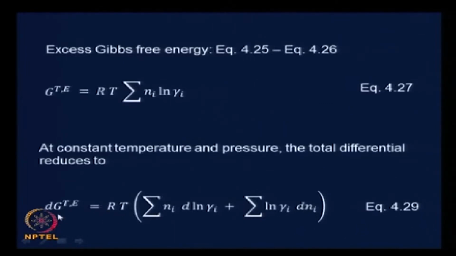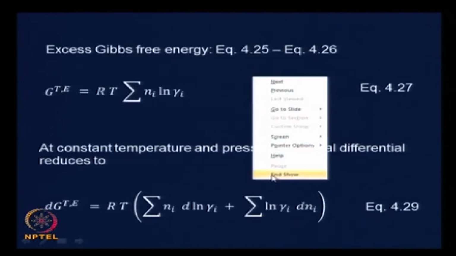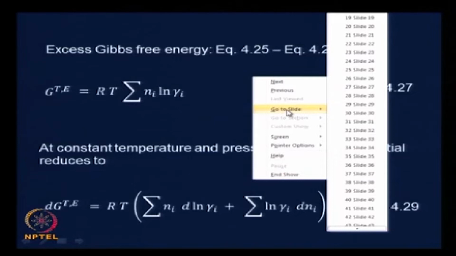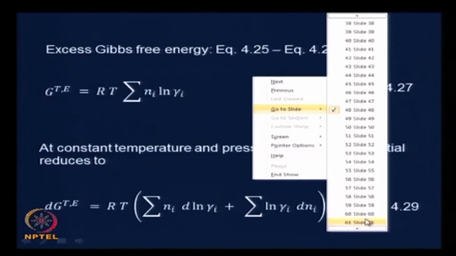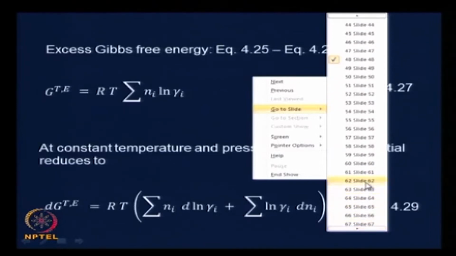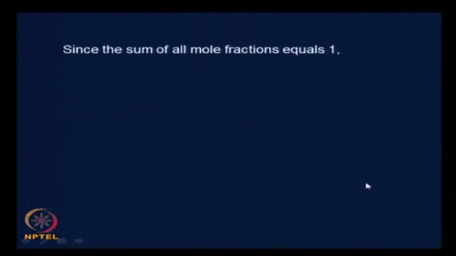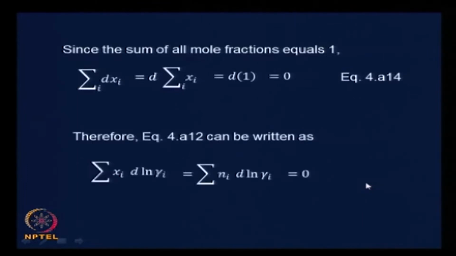If you transpose this equation, dGTE by RT becomes equal to sum over ln gamma i dni, and that is the next thing that we are going to consider.